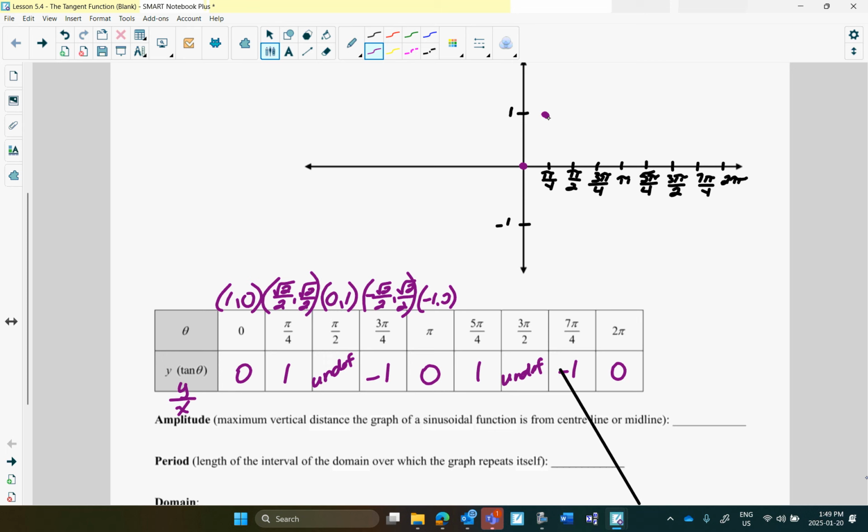Pi over 2 is not defined, so there's no point here. We'll talk about that in a second. 3 pi over 4 goes to negative 1. Pi goes to 0. 5 pi over 4 goes to 1, and now we're undefined again. 7 pi over 4, negative 1. 2 pi is 0.